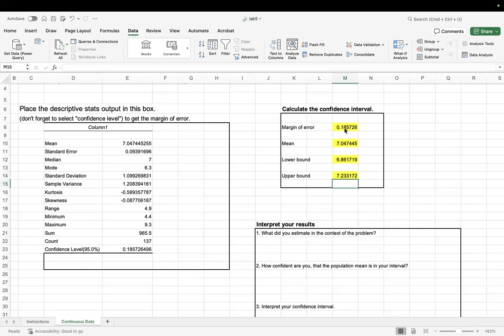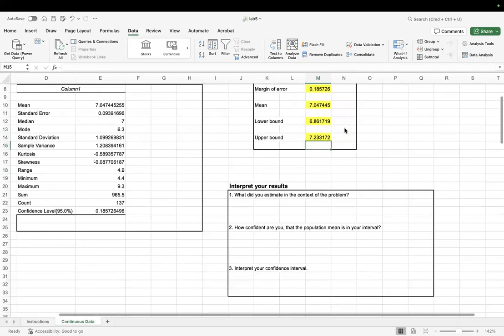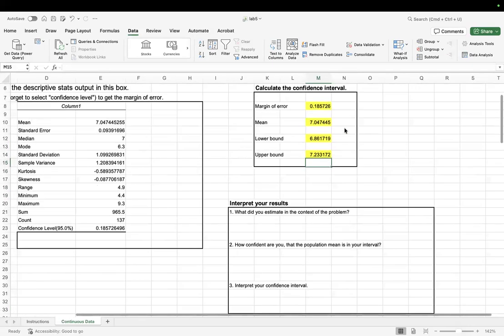So your questions down here at the bottom are just kind of scaffolding. What am I estimating? It says in the context of the problem. So this is where you're basically telling me what your data is about. So I am estimating the actual mean magnitude of earthquakes in however many countries that I am looking at.